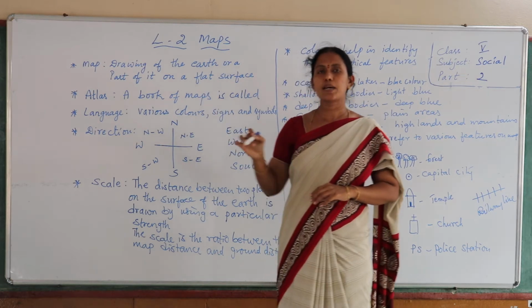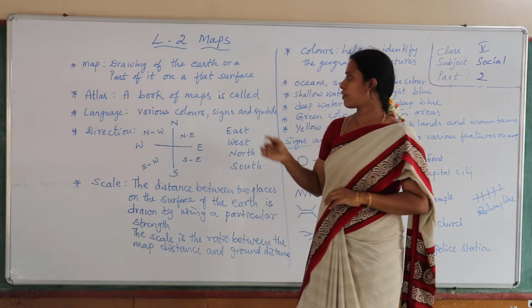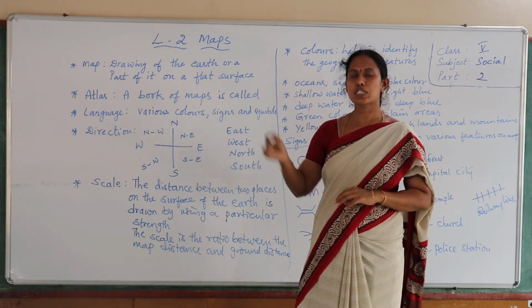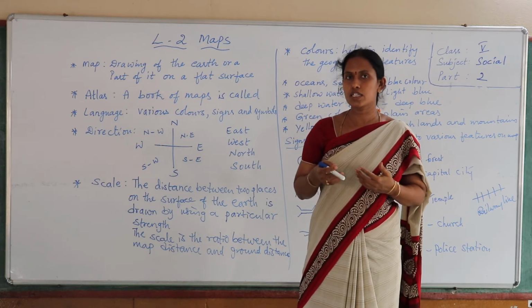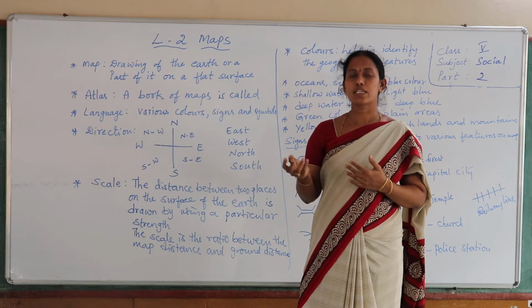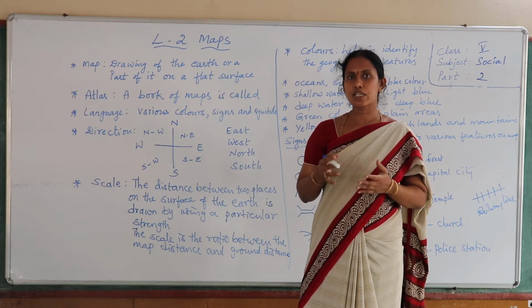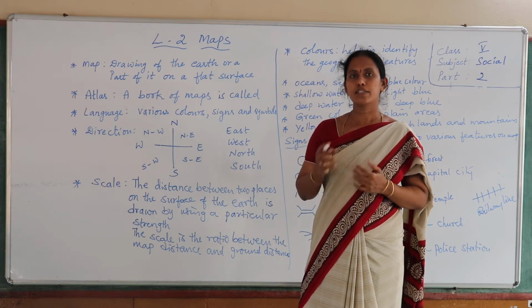But in maps, we have to find out places. First we must know the directions. If we know the directions, we can see the places easily. So compulsorily, every map has a direction.